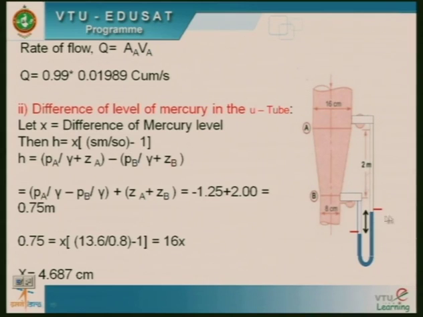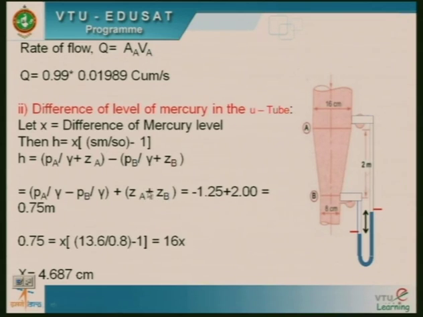Now remember, this is a vertical Venturi meter connected to a vertical pipe, therefore my pressure head is given by PA by gamma, the pressure head, plus the datum head ZA, minus the pressure head at B plus the datum head at B. Now if you rearrange this, it becomes PA by gamma minus PB by gamma plus ZA minus ZB.